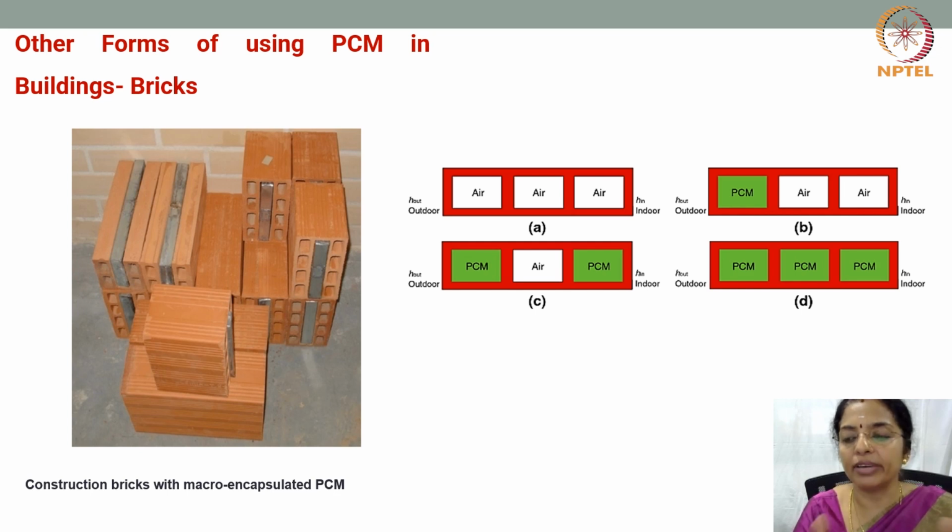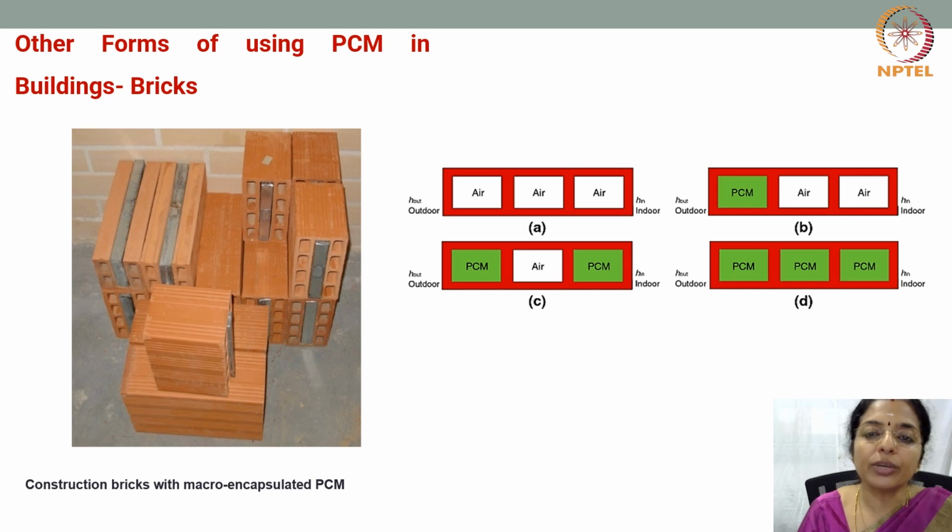We can use it more like an element with a curtain wall, and both sides can be protected by toughened safety glass. So this system can extend from floor to ceiling, and it can be mounted a little behind the actual facade. Now, this system using PCMs can also be part of the opaque walls also.